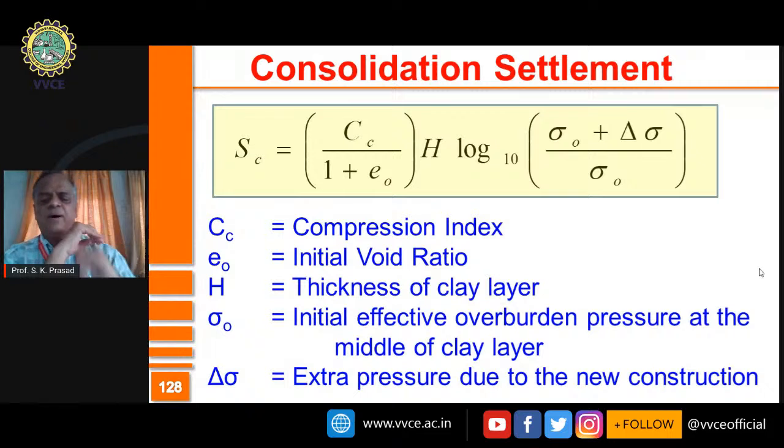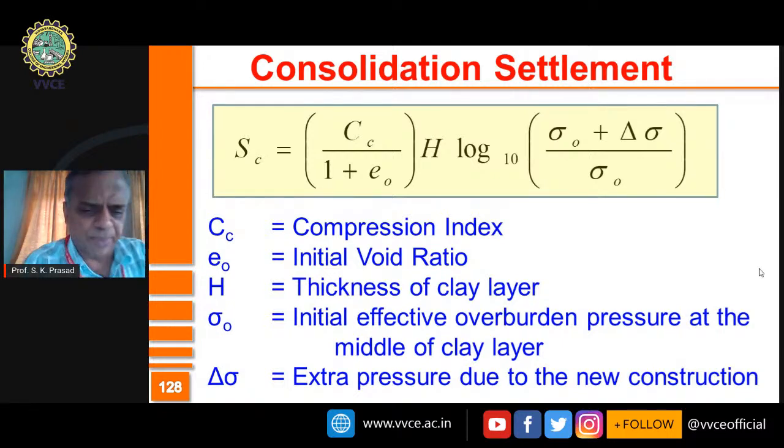Here sigma naught is the overburden pressure at the initial stage. If there is no surcharge, that is simply equal to the weight of the soil above. If it is uniform soil, if gamma is the unit weight and Z is the depth, then overburden pressure will be gamma Z. Delta sigma is the additional pressure at the point of interest, which is due to the presence of the new structure.